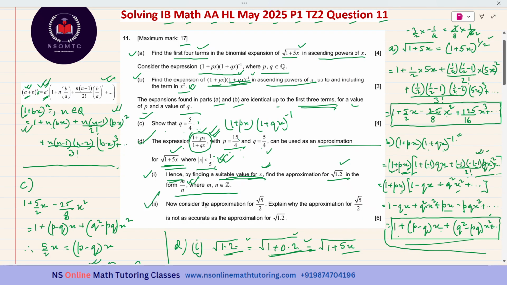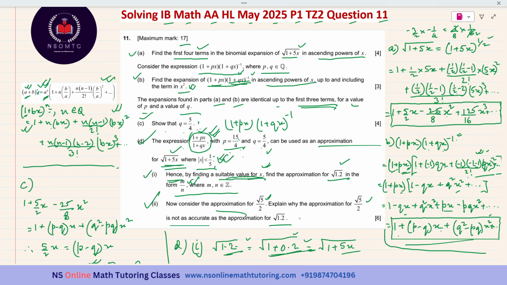So part I: now consider the approximation for square root of 5 over 2. The approximation for this has to be, because square root of 5 is an irrational number. Explain why the approximation for square root of 5 over 2 is not as accurate as the approximation for square root of 1.2.